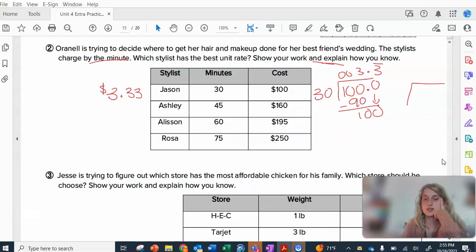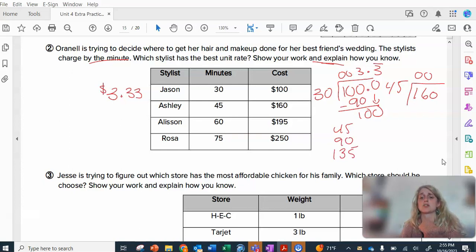So you can see these actually do require a bit of scratch work. $160 in 45 minutes. 45 goes into 1, 0 times. 45 goes into 16, 0 times. 45 goes into 160. Yeah, but you might have to come off to the side and be like, 45 plus 45 is 90, plus another 45 is 135, plus another 45 is 180.